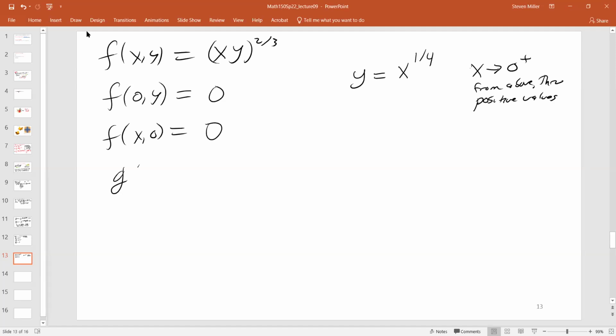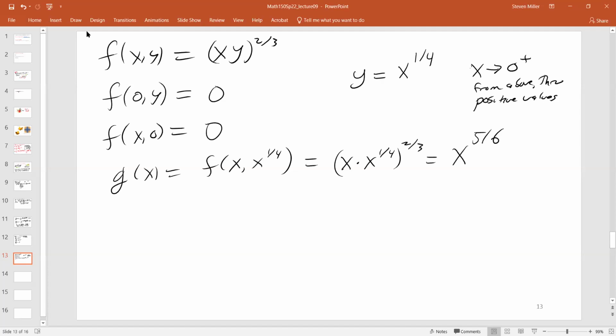I'm going to let g of x be f of x, x to the 1/4. So I'm coming along this curve, y equals x to the 1/4. What's my function going to be? It's going to be (x times x to the 1/4) to the 2/3. So this is (x to the 5/4) to the 2/3. So this is going to be x to the 5/6.